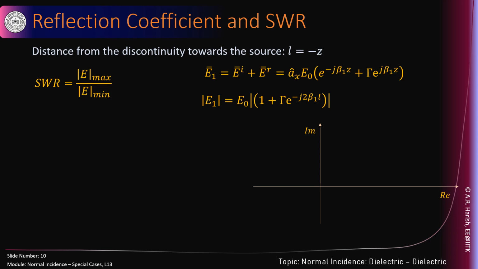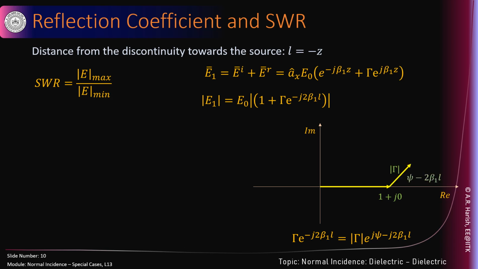To plot this, we'll take the complex plane, the Argand diagram, with the real axis on the horizontal and the imaginary axis vertical. Then we plot 1 plus j0, which represents the 1 in the electric field, and we want to plot gamma e to the power of -j2 beta 1 L. We will write it as mod gamma times e to the power of j psi, where psi represents the phase angle of gamma, and we have -j2 beta 1 L sitting there.